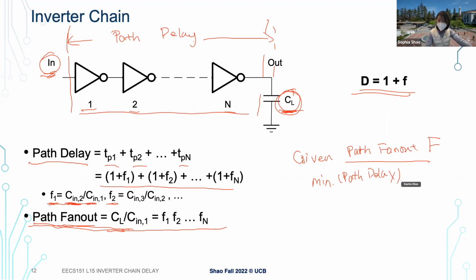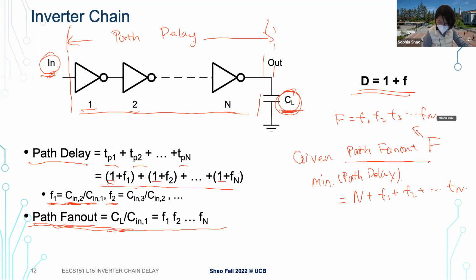With n stages, the sum of the ones gives n, plus the sum of the fan-outs F1 plus F2 all the way to Fn. The path fan-out is given, and the path fan-out, the capital F, is the product of everything, all the fan-outs multiplied together.